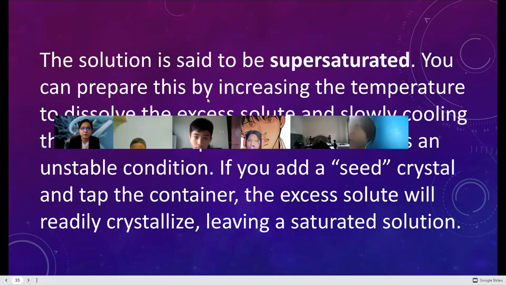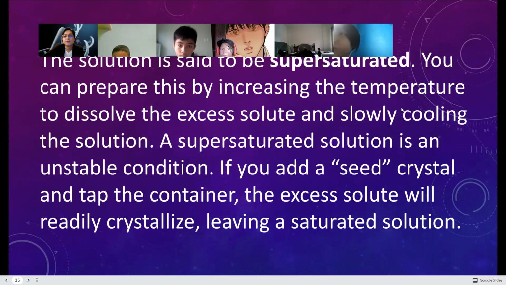So if you're going to mix a lot of sugar, for example, in water, you're creating a supersaturated sugar solution. You can actually prepare this by increasing the temperature to dissolve the excess solute and slowly cooling the solution. The supersaturated solution is an unstable condition.